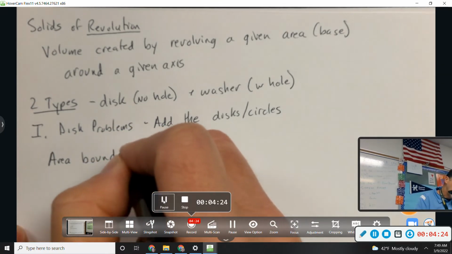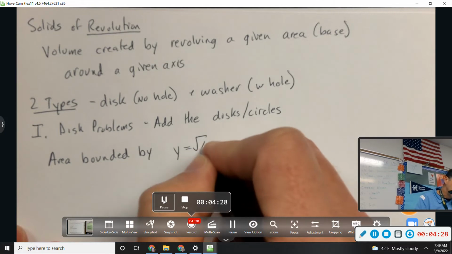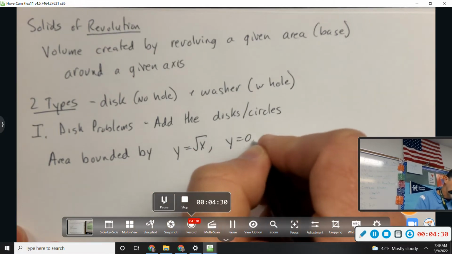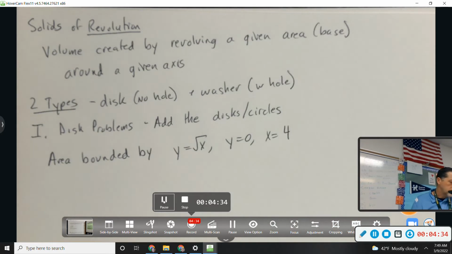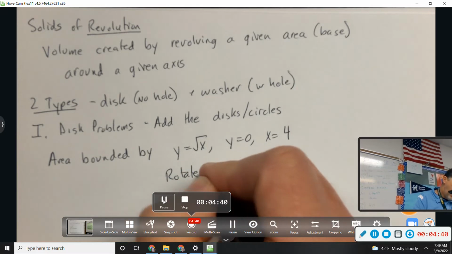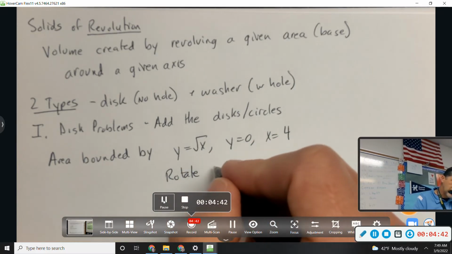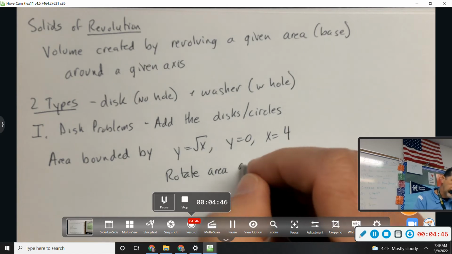So let's have our area bounded by y equals square root of x, y equals 0, and x equals 4. And let's rotate that area around the x-axis.